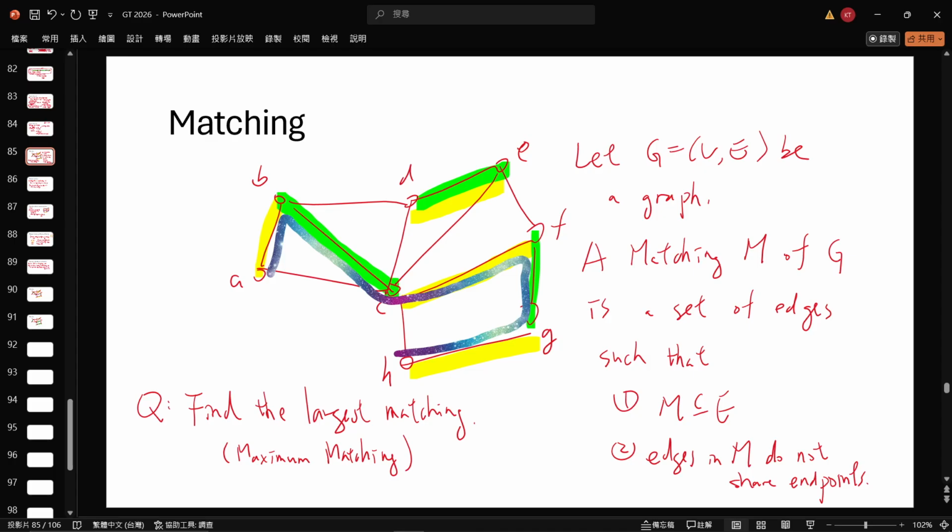For example, in our previous discussion, we only consider the green matching, so it is our target. In this case, M is the green matching, okay? So an M alternating path is just a path where the edges alternate between edges in the green matching and edges not in the green matching, okay?